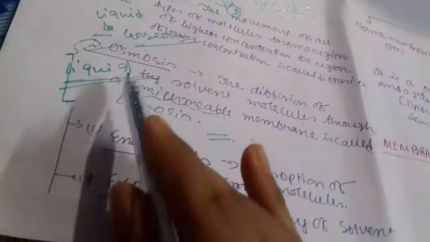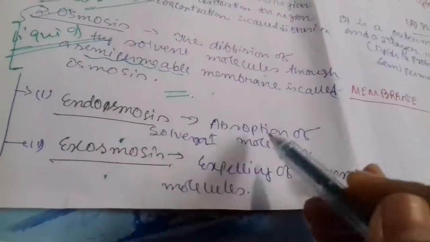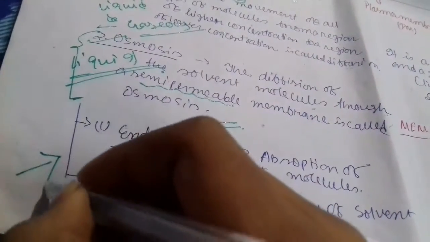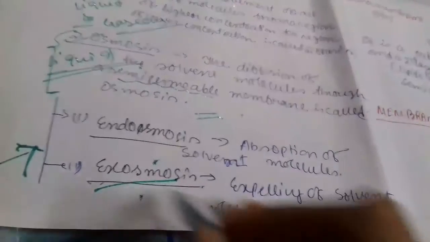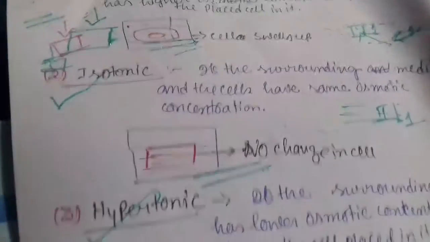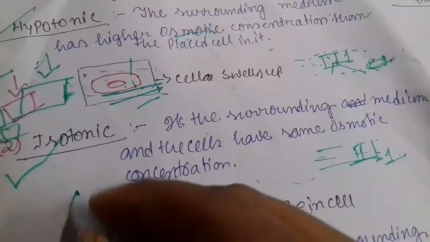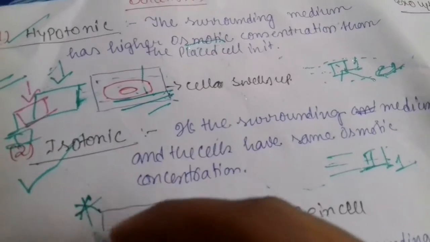Two types of osmosis: endo and exo. Endo means the molecules are absorbed by the cell, and exo means they come out of the cell. Isotonic has no change, so it is neither endo nor exo.